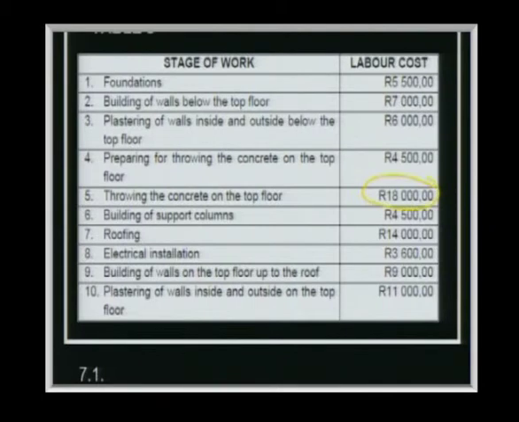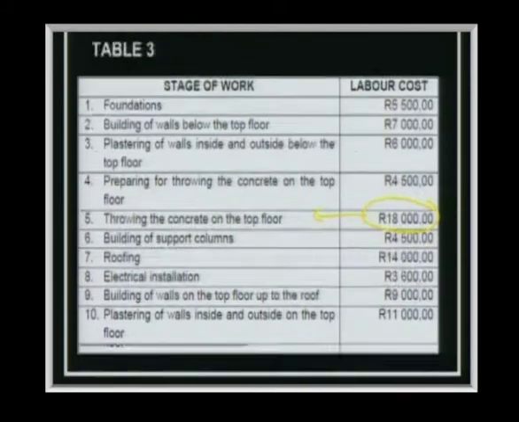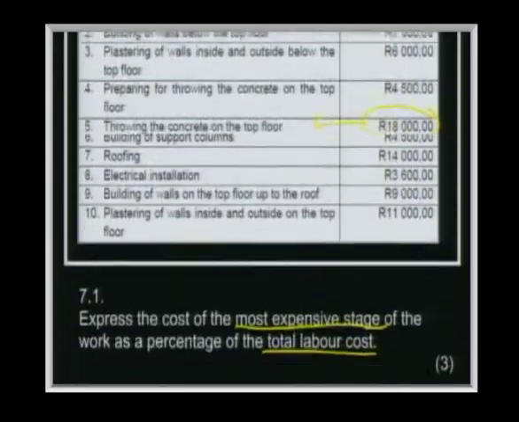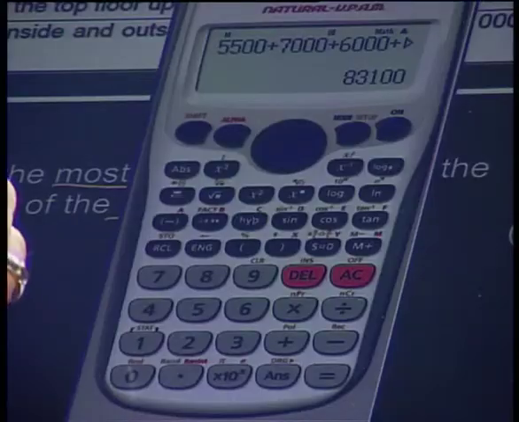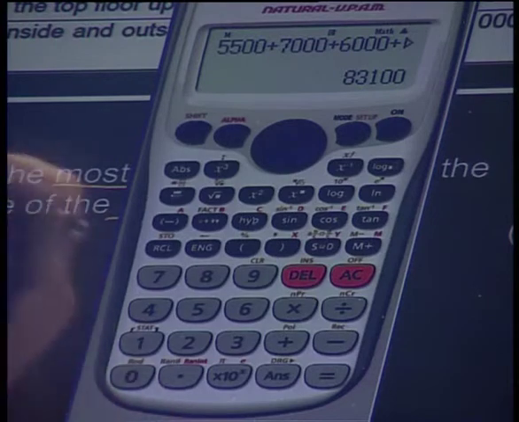So the most expensive stage is going to be throwing the concrete on the top floor. The total cost of all of the labor, have they given this information to us? No, so we're going to have to add up all of these numbers, and lucky for you, I've already done it for you. So it's 83,100.